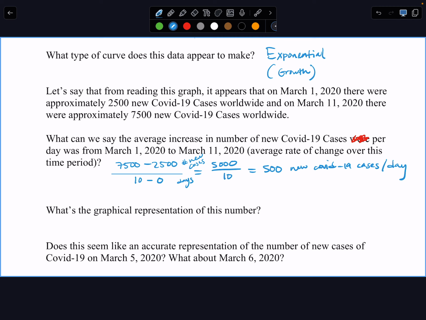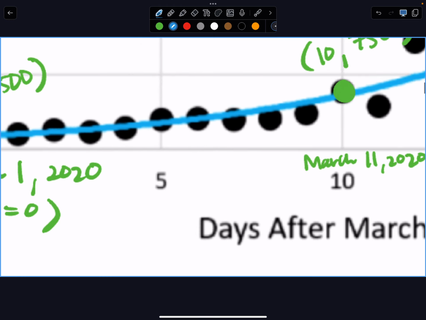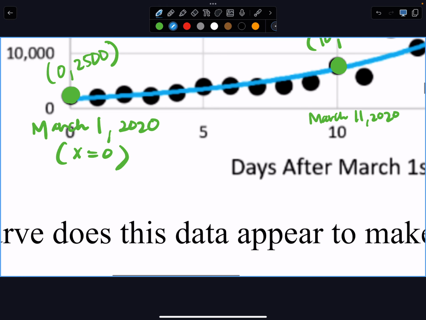What did you do in order to calculate that? What did you use? The slope. Isn't that the slope of the line that passes through these 2 points?